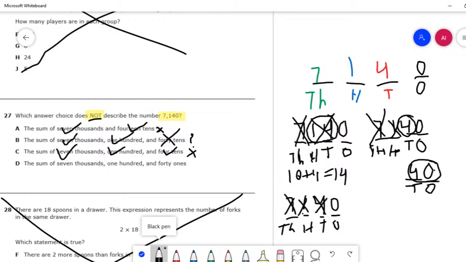And last, we just have answer choice D left, which is the sum of 7,141. So again, we can write out the number 7,140 and say ones, tens, hundreds, and thousands. And again, we can say that there are 7,000 since there's just a 7 in the thousands place.